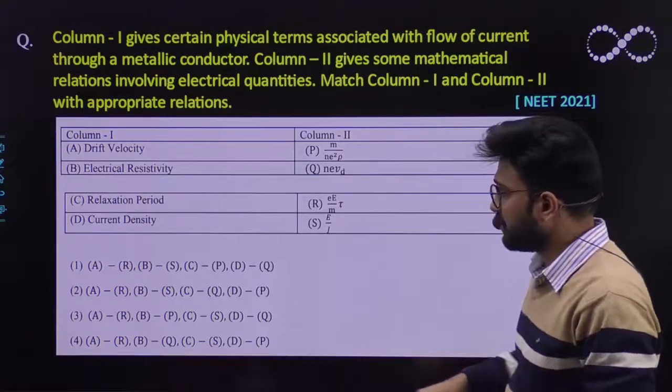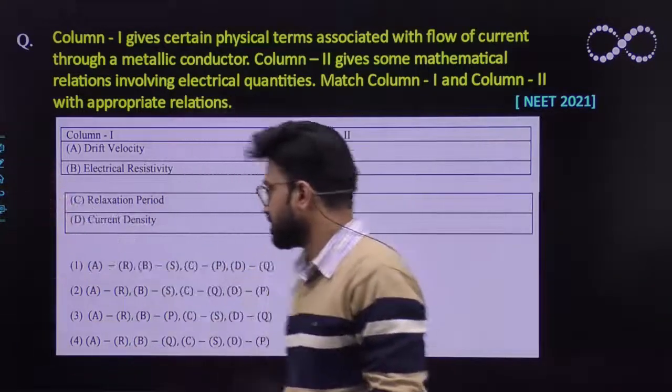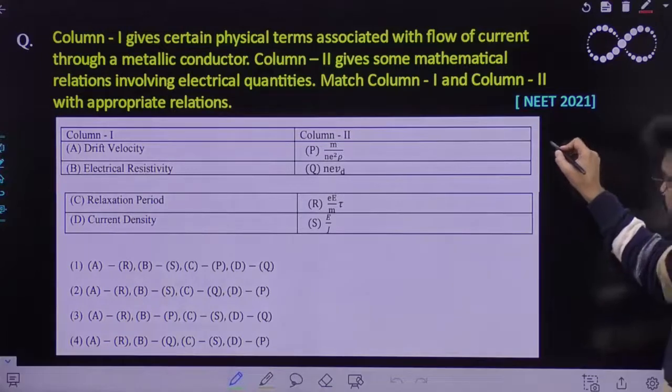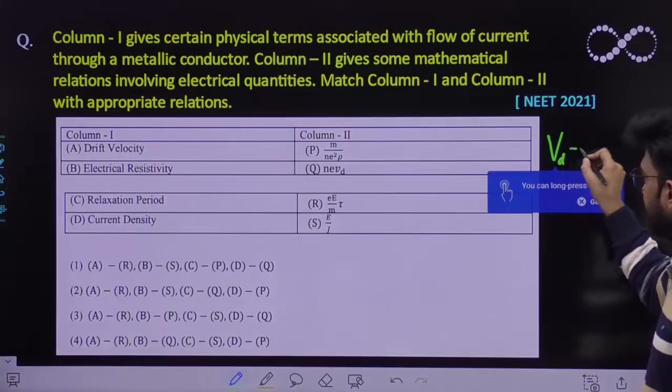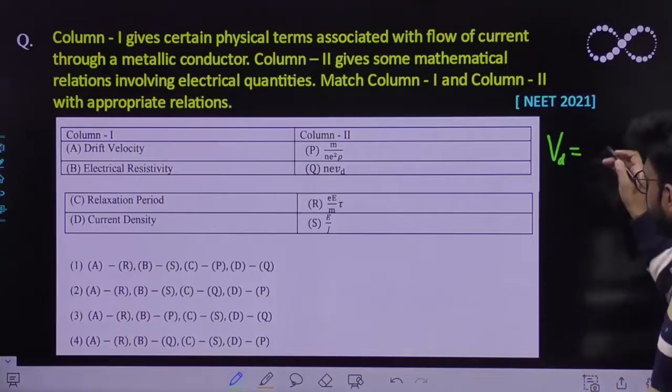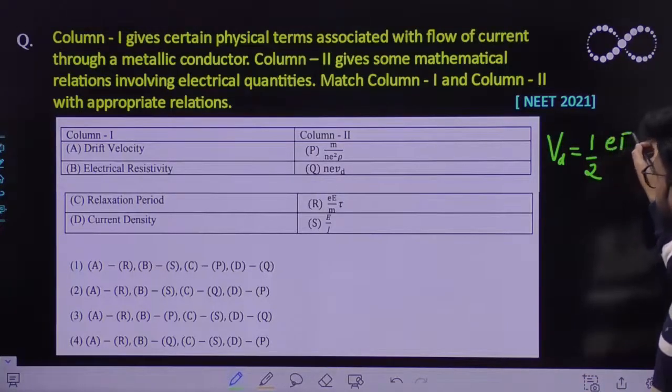We know that drift velocity is given by the relation Vd equals half of eE by m into tau, and this is the relaxation time.